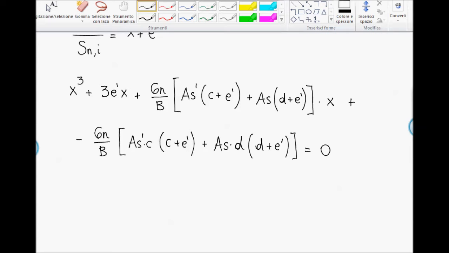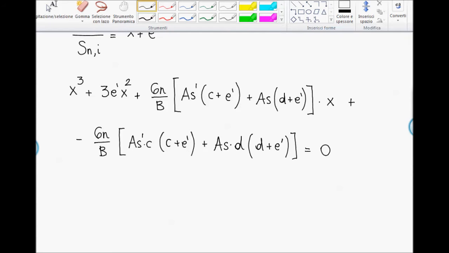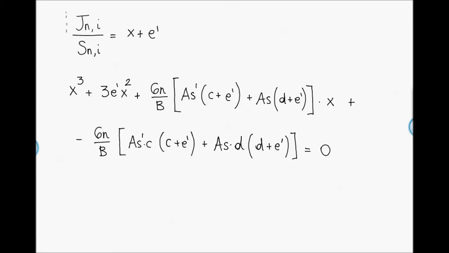Well, sorry, in the second term we have 3 e prime x squared. I have not reported all the passages, but this third-order equation is determined by substituting the expressions for Jni and Sni in this equation here, and by making some simplifications, of course.